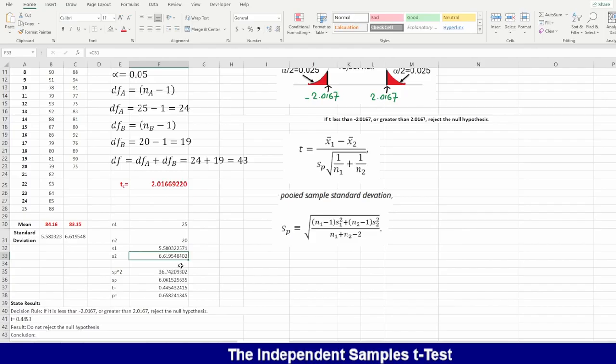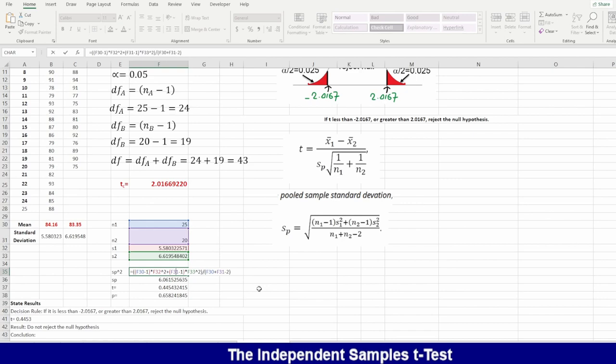Now you calculate the pooled sample variance here, which is without the square root. You can see it's n1 minus 1 times the standard deviation of sample 1 squared, plus n2 minus 1 times the standard deviation of sample 2 squared, all divided by n1 plus n2 minus 2, which is 43.